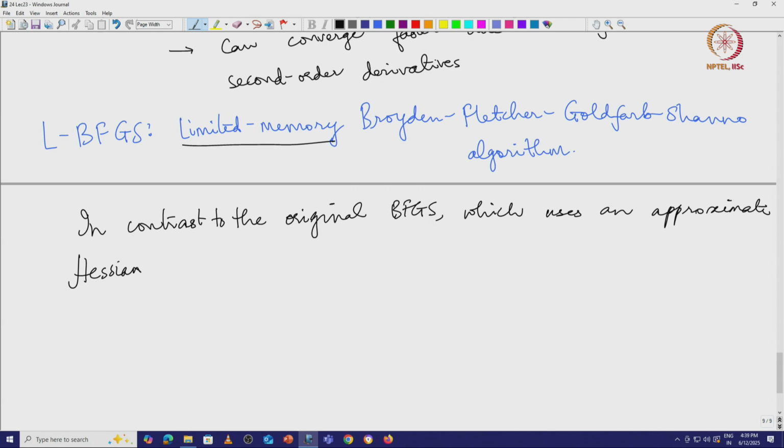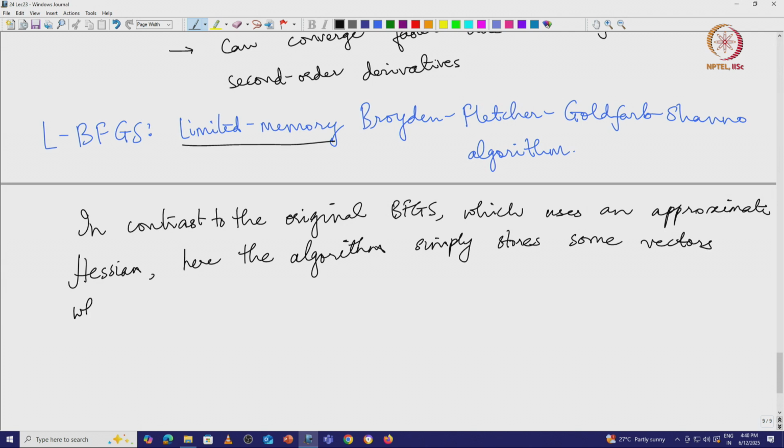So, here the algorithm simply stores some vectors which approximate the second order derivative information.